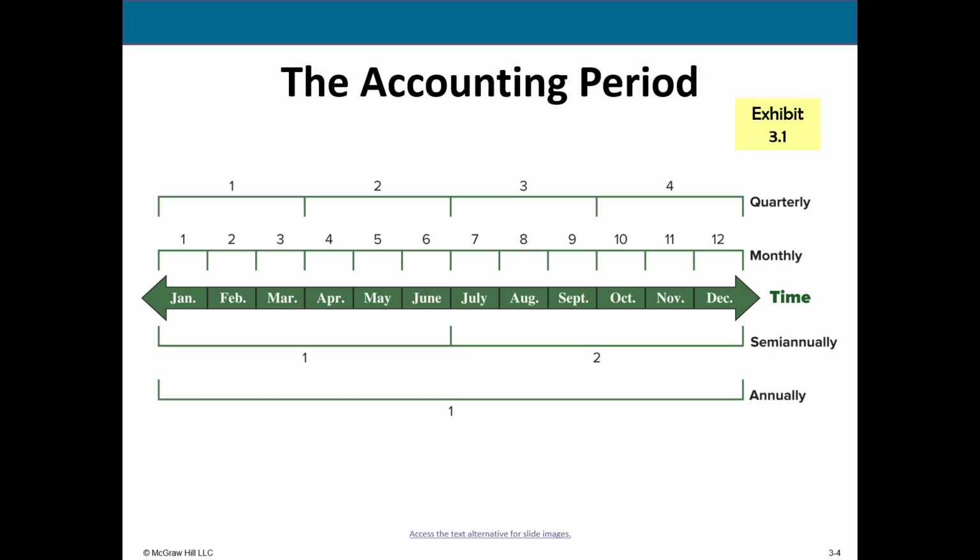So I report my income statement every single month, and at the beginning of each new month, so the beginning of February, I need to start with zero revenue and zero expenses because it's a brand new month, right? You can't go into the next month already having sales and expenses recorded because they didn't happen yet.